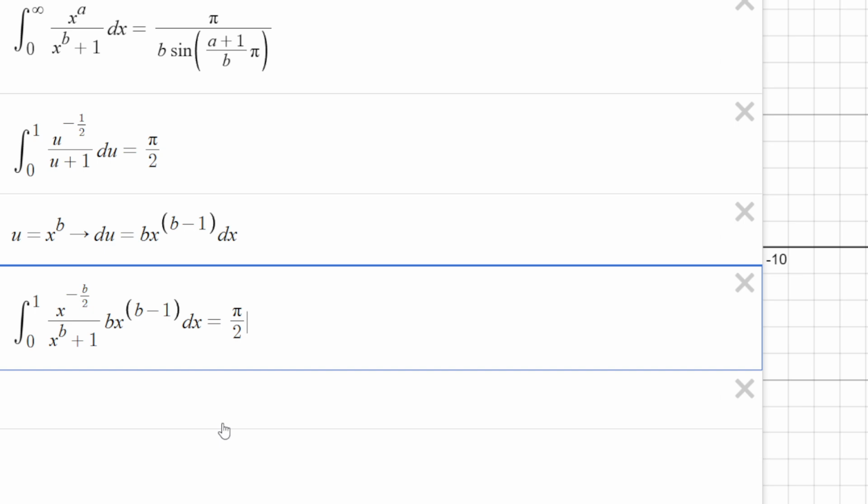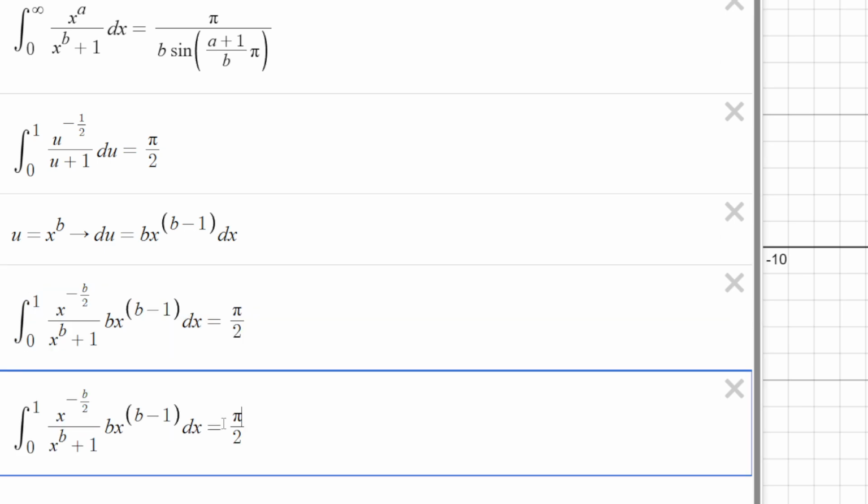All right, now what should we do? Let's clean this up a little bit. We have common bases here, so that's going to be b minus 1 there, right? We're just adding the exponents together. Now let's combine this into one fraction. So this is going to be 2b over 2. This is going to be 2 over 2.